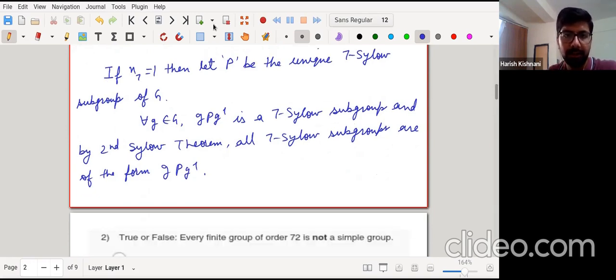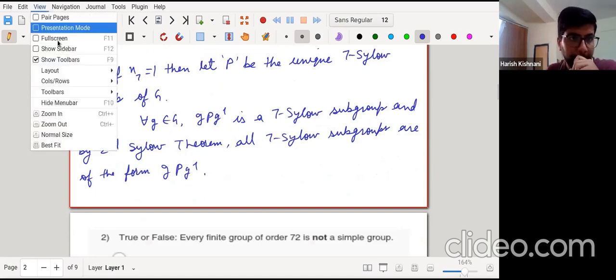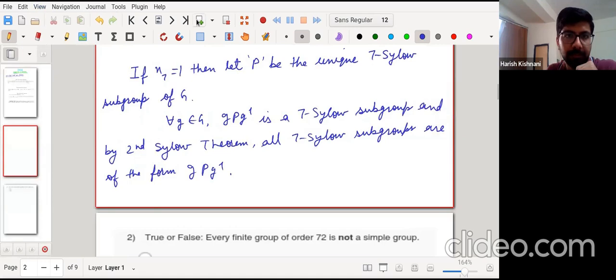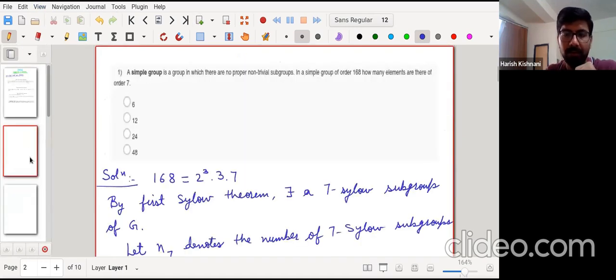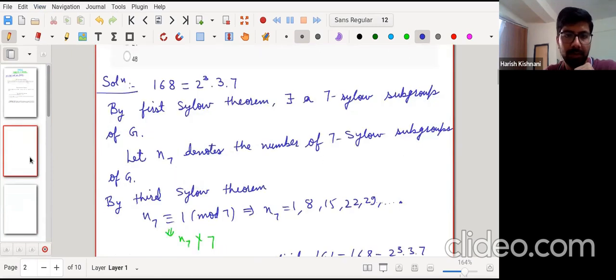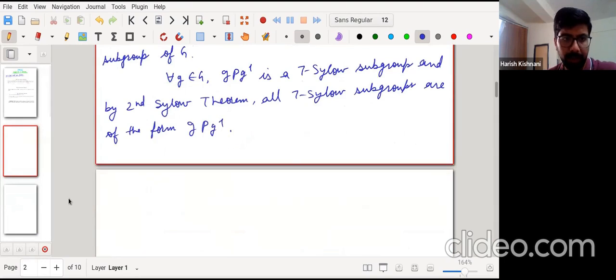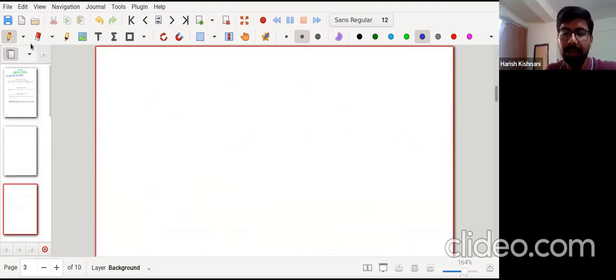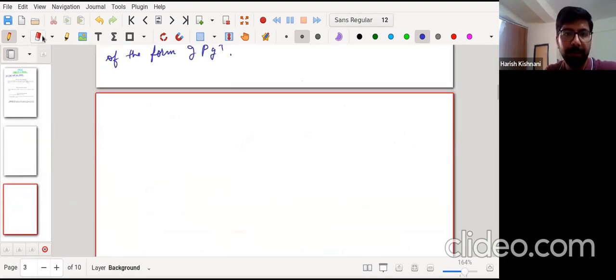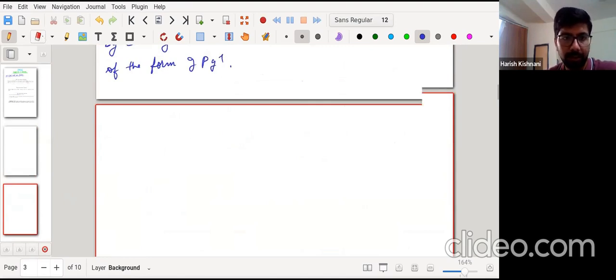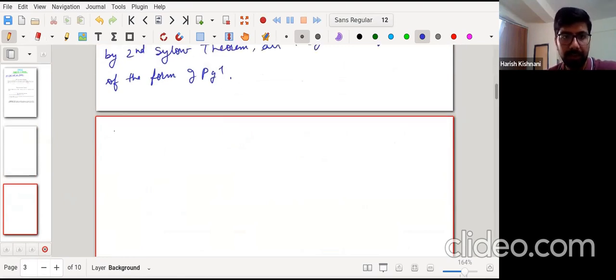So what does this imply? All Sylow subgroups are just conjugates of P, but since n7 is 1, what does this mean?